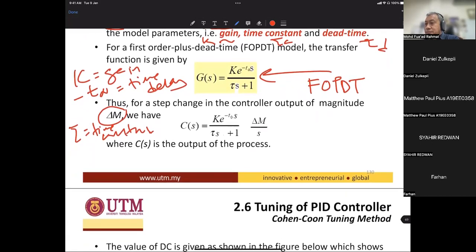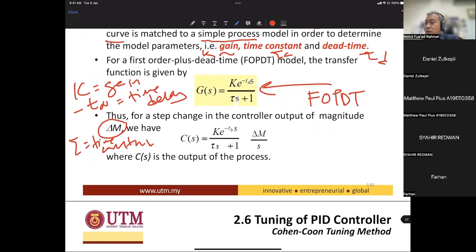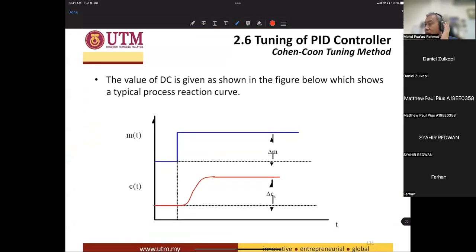This looks like an input, a step input that we inject into the system, like this. The value of C is given as shown in the figure below, which shows a typical process reaction curve. This is the magnitude, delta M. It can be 1 volt, it can be 5 volts, depending on the signal that we inject. And this is the response.